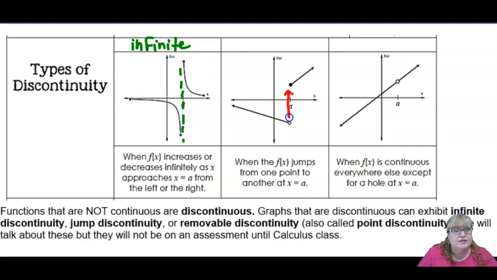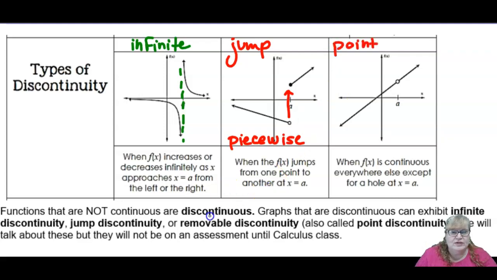This is a jump discontinuity, when it went from one place to another, and these usually happen in piecewise functions. They don't always happen in piecewise functions, but that's where we see that most often. And this is called, was it a point discontinuity? Or down here it says it's also called a removable discontinuity.